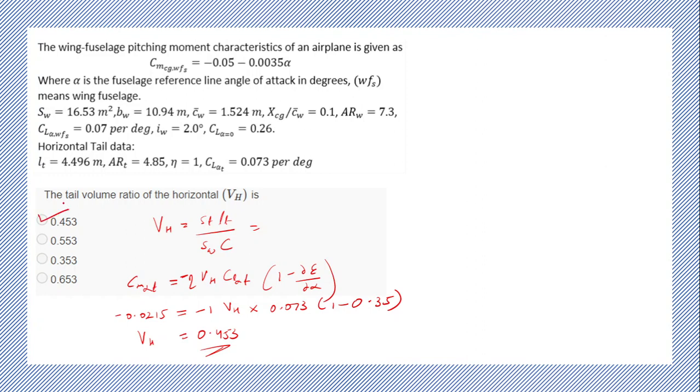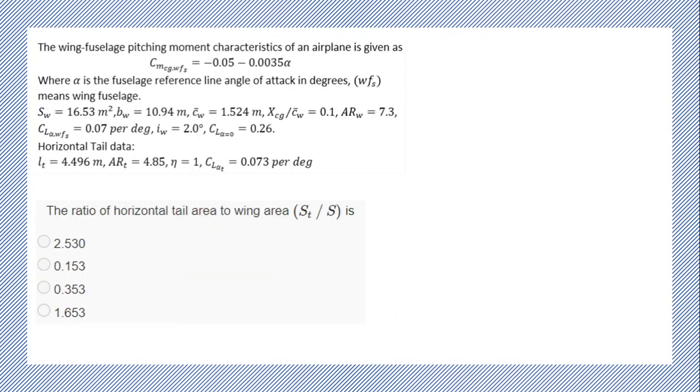Okay, correct. Okay, next is the ratio of horizontal tail area to wing area. Now we use the previous formula, right? VH is ST LT upon S C bar, and we need to find out this. So ST by S is VH into C bar upon LT.